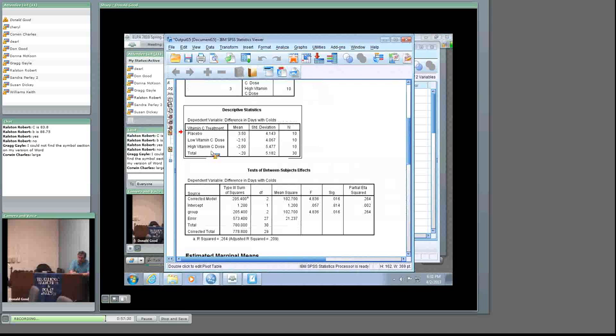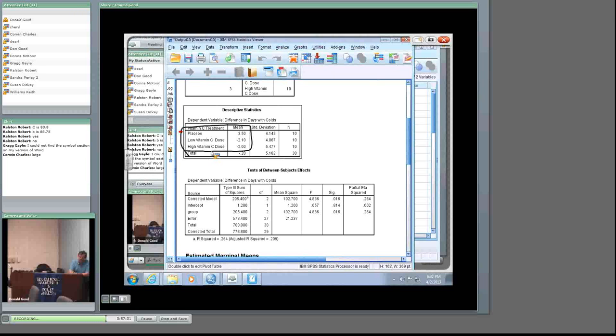These three means: 3.5 compared to minus 2.10 compared to minus 2. Well, these two are pretty close together, aren't they? There's no significant difference. That's what you'd expect. But yet the placebo is different than both of them, which is exactly what we got.